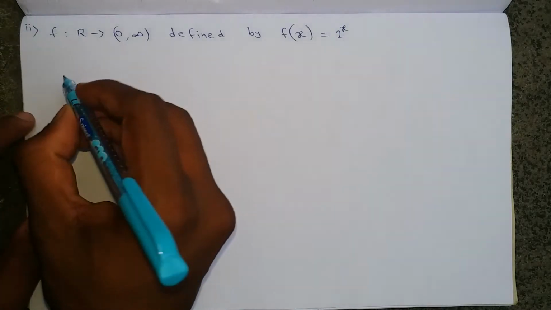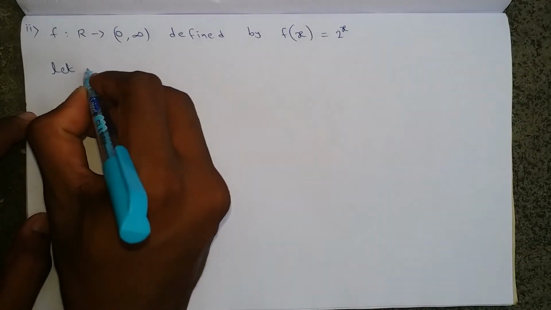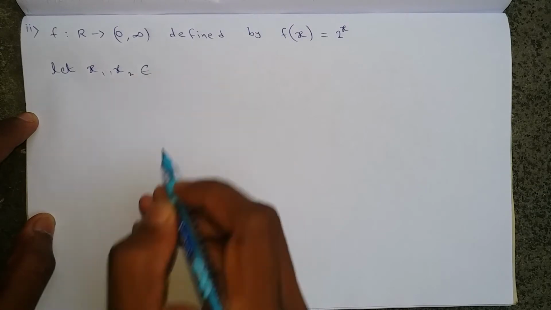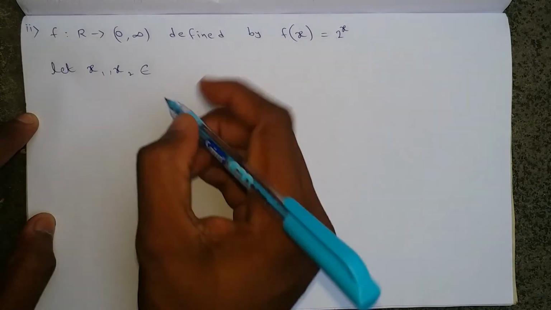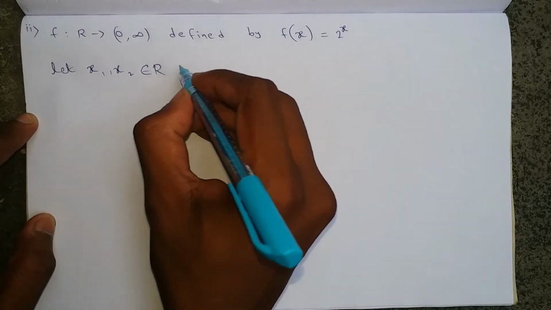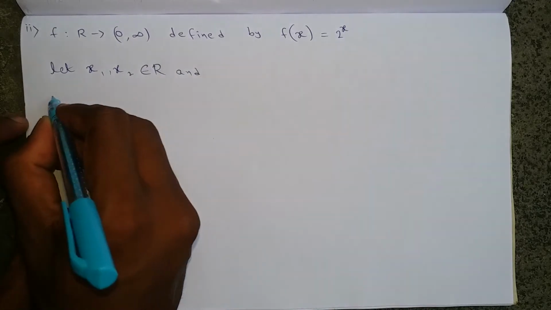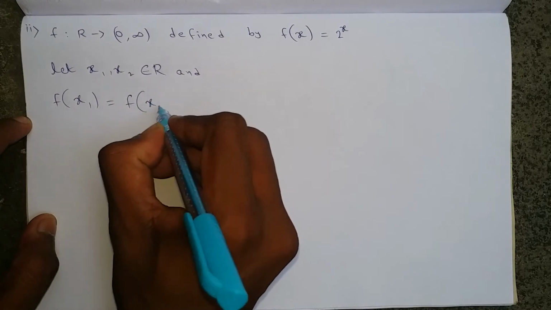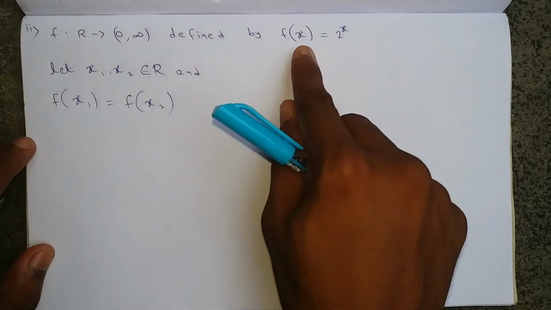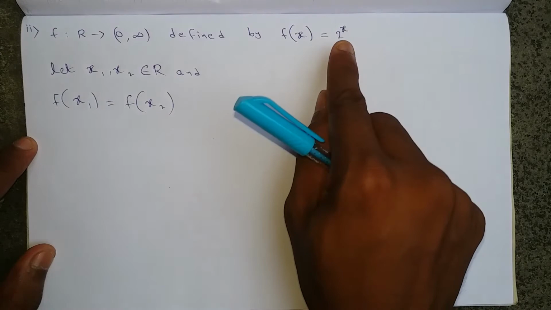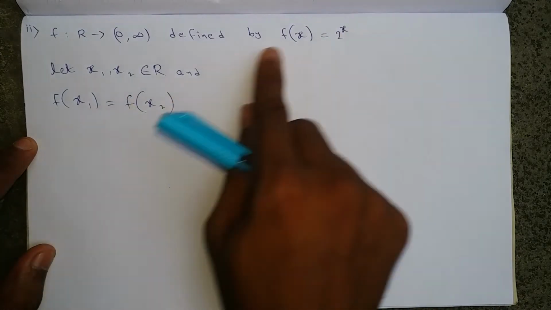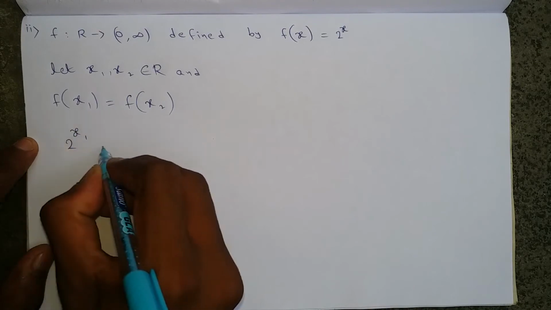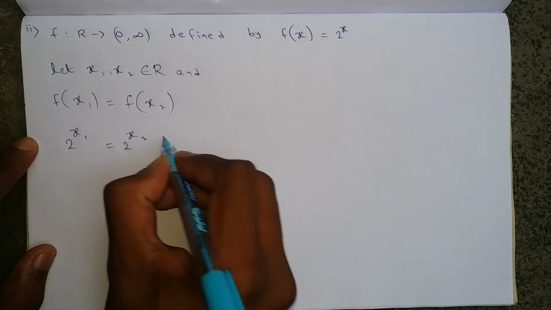So let x1, x2 belong to R, real numbers, and f of x1 is equal to f of x2. So here the given function is f of x is equal to 2 power x. So first in the place of x, x1, again in the place of x, x2. So we will get 2 power x1 is equal to 2 power x2.